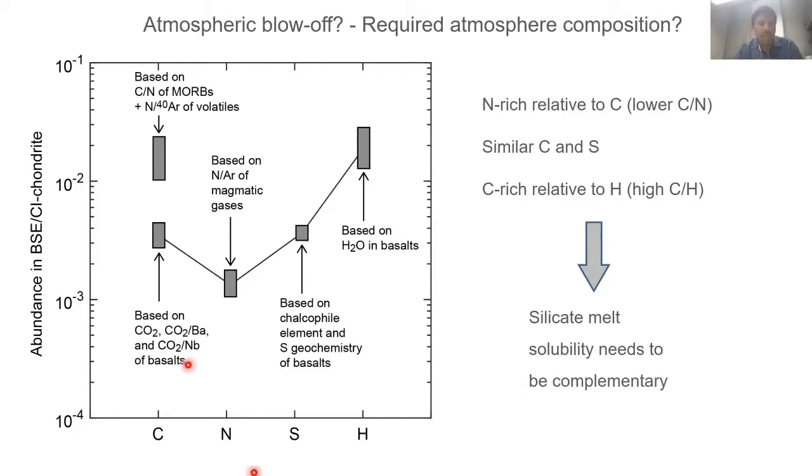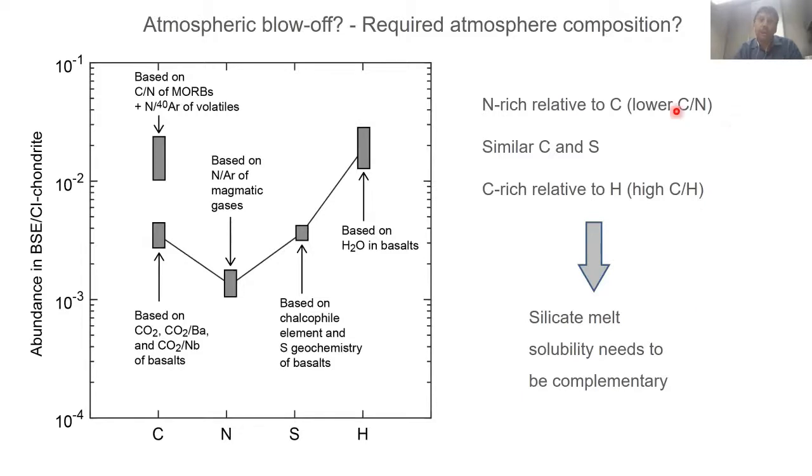So in order to generate this superchondritic carbon to nitrogen ratio, subchondritic carbon to hydrogen ratio, and chondritic carbon to sulfur ratio, we need the atmospheric composition such that it would be more nitrogen-rich relative to carbon. Meaning the atmosphere should have a lower carbon to nitrogen ratio, similar carbon to sulfur abundance, and higher carbon to hydrogen ratios, right?